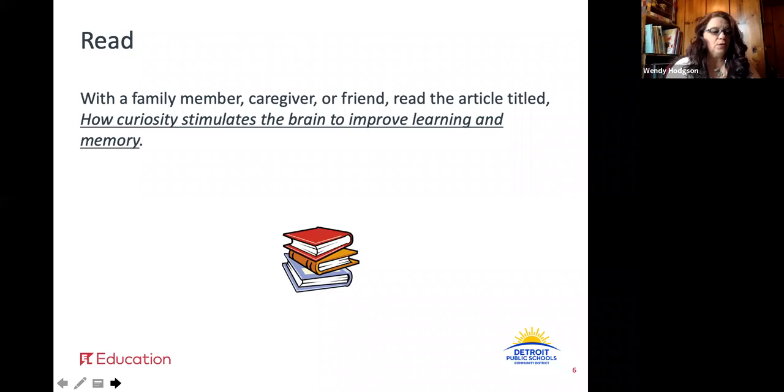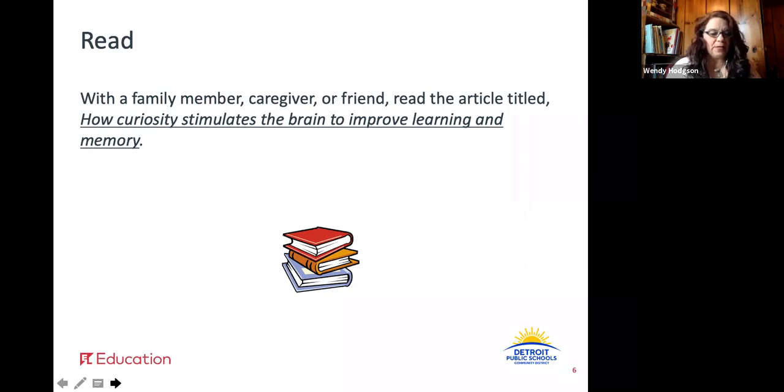The researchers tested participants to see how well they could recall and retain both the trivia answers and the faces they had seen. The researchers discovered that greater interest in a question led not only to better memory for the answer, but also for the unrelated face that had come before it.